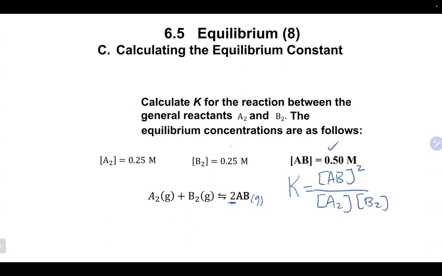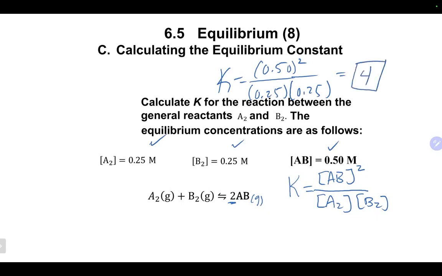Since they gave us the equilibrium concentrations of each of these, we could stick them into this expression, and that would give us K equals 0.5 squared divided by our A2 equilibrium, which is 0.25, and 0.25 for B2 as well. That gives us 0.5 squared divided by 0.25 and divided by 0.25, which gives us a value of 4 for our equilibrium constant.